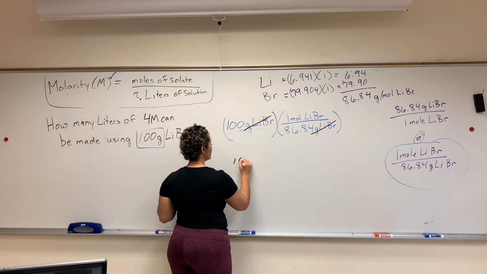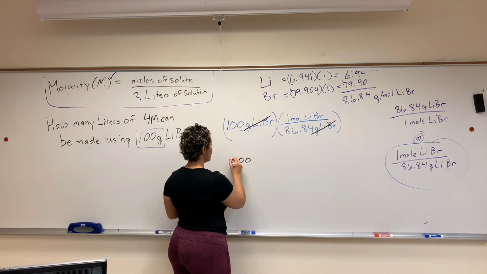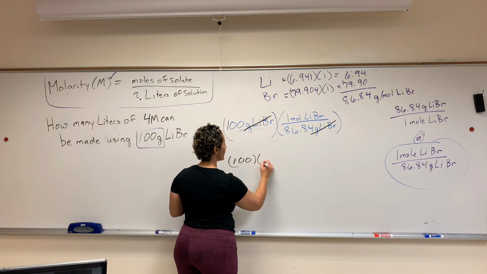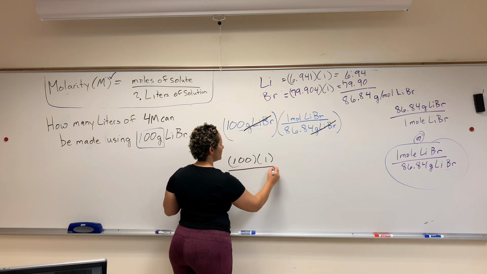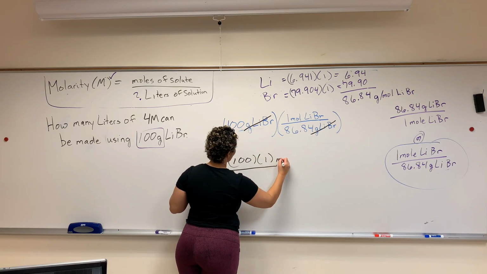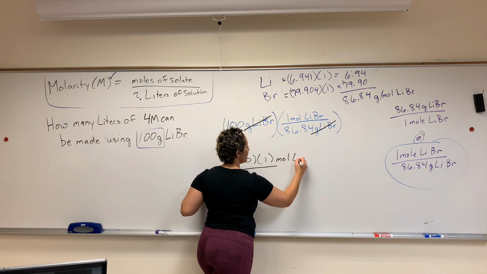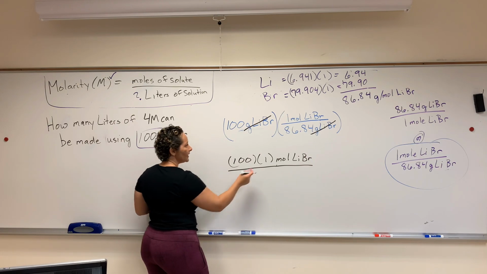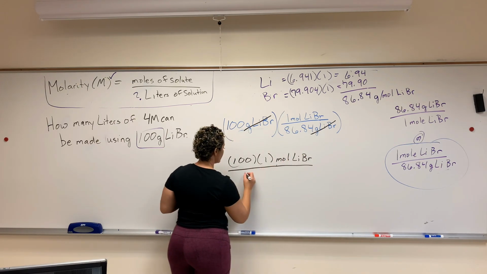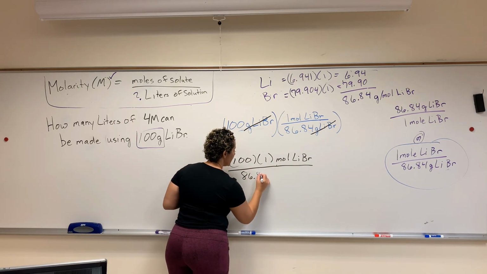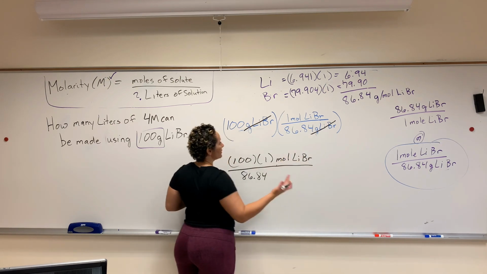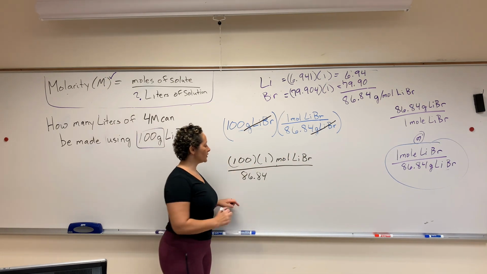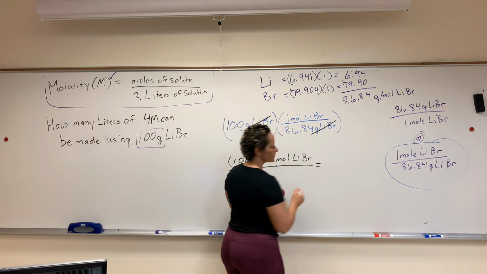So 100 times 1 divided by, label. You almost got me. Moles LiBr. Okay, and then 86.84. No label, got canceled. We're left with moles. Finish the math. Equals.